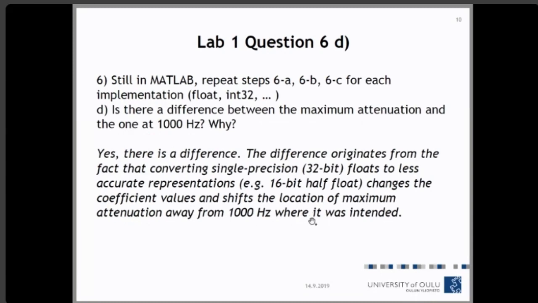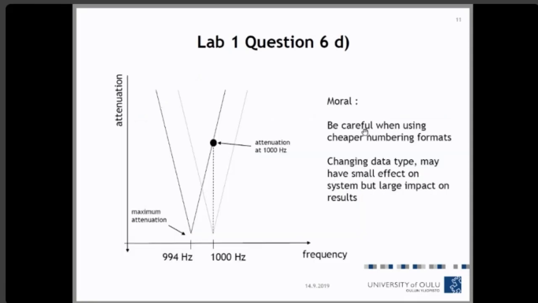The last question in lab one was what is the difference between these different implementations of the filter. The filter code was the same. We just changed the numbering format.